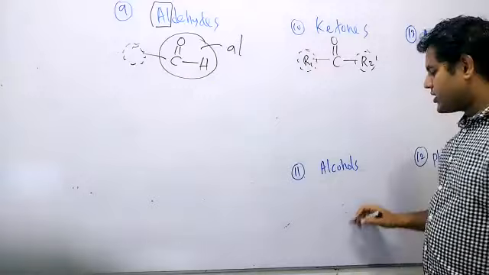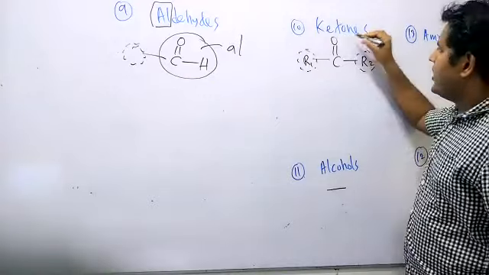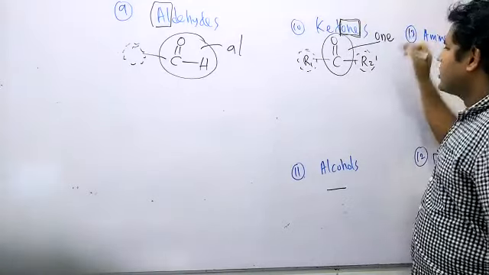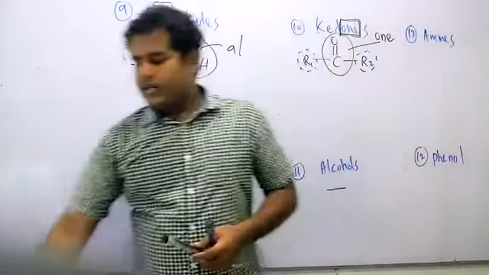Alcohols as a functional group. In ketones, how do we write the main name? This one is indicated by this: one or on.